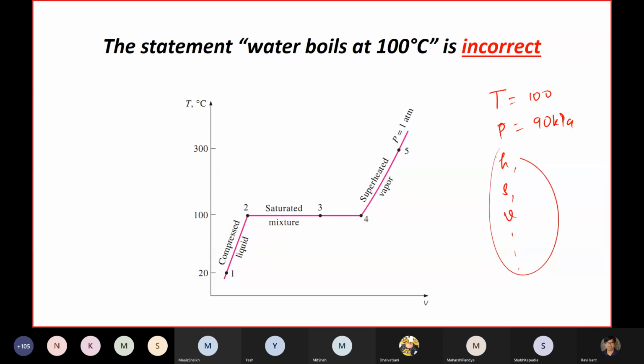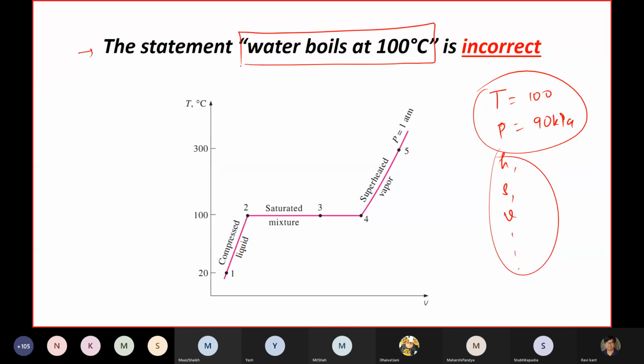We'll see how. But before that, let me ask you one last question in order to summarize this whole concept. I'm giving you a statement: water boils at 100 degrees C. Is this statement correct or not?